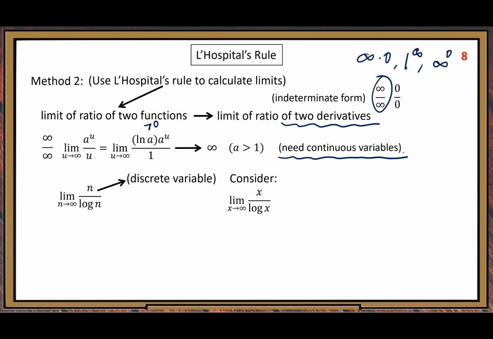When we calculate the limit, x goes to infinity and changes continuously, so it's a continuous function. In the original, we're not allowed to make any continuous change, only discrete values. You can treat them as two different questions, but they're closely related.